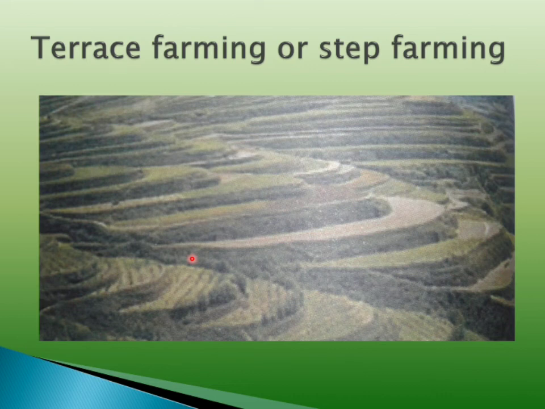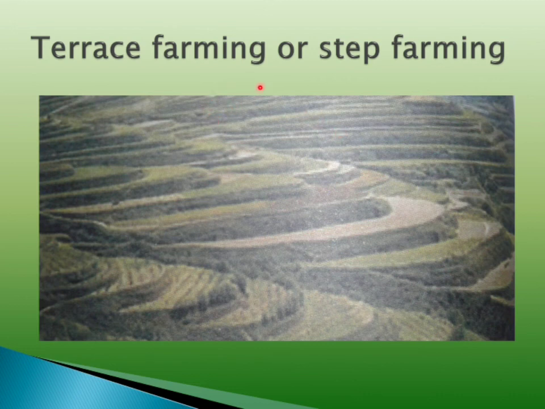The mountain is made into steps which slows down the speed of rainwater, preventing damage to crops. Look at this. This is the picture of step farming. So usually they will do it mostly in hill stations.